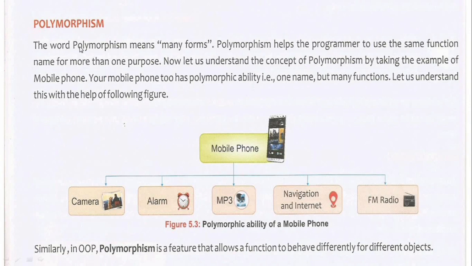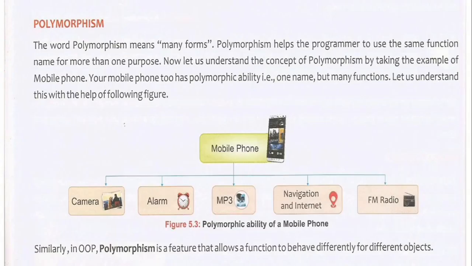So this particular feature of object oriented programming is called polymorphism. Polymorphism means something which is having many forms. Let's quickly revise it: polymorphism helps the programmer to use the same function name for more than one purpose.